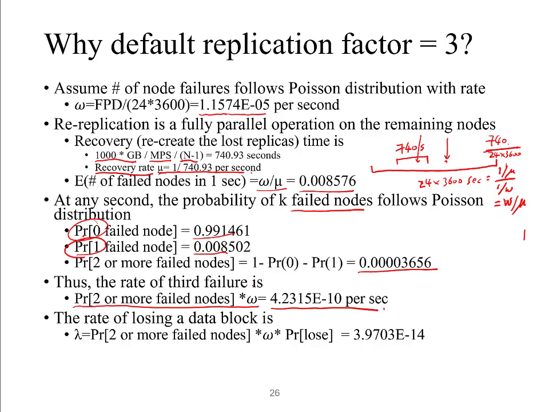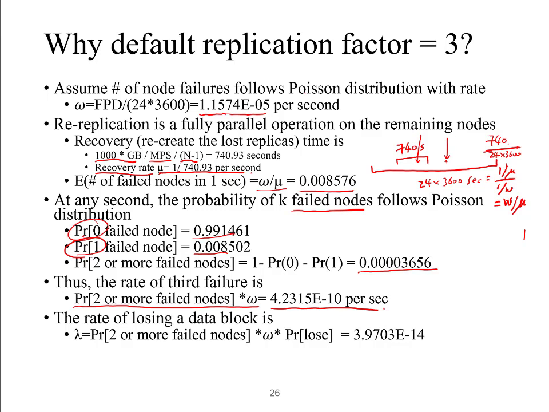Here the assumption is that the failure of the third node has nothing to do with all the other nodes. Since we are using the Poisson distribution, the hidden assumption is that the failures of the nodes are totally independent. Again, this may not be true because we have racks. I've talked about racks.